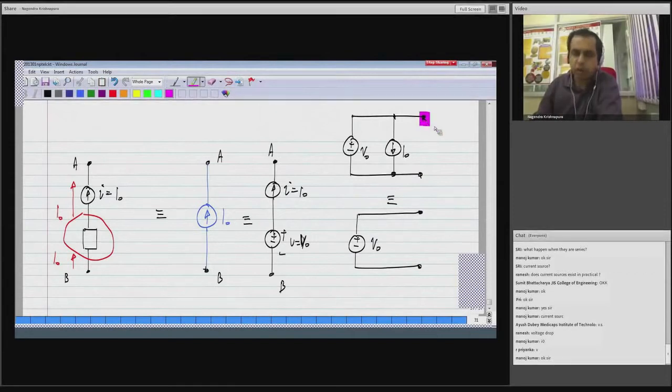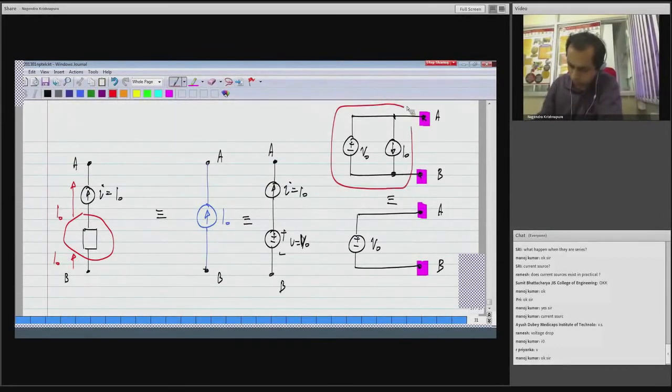When I say equivalent, we have to be careful where they are equivalent. As far as these two terminals, A, B, are concerned, they are equivalent. That is, if I gave you this whole thing in a box and this thing in a box, you will not be able to tell the difference without opening the box. Now there will be something different.